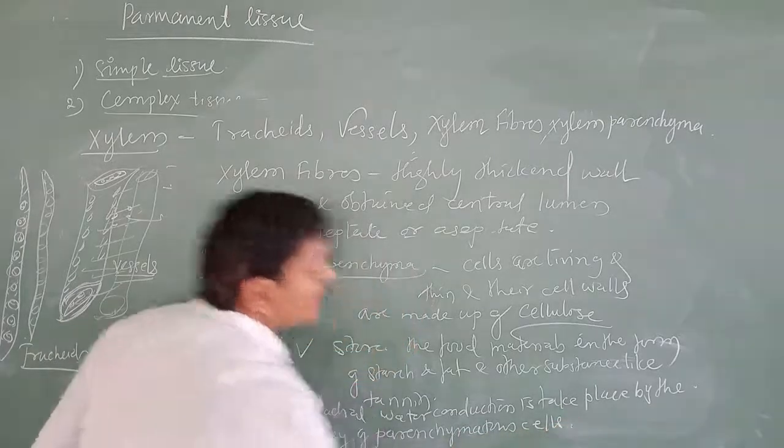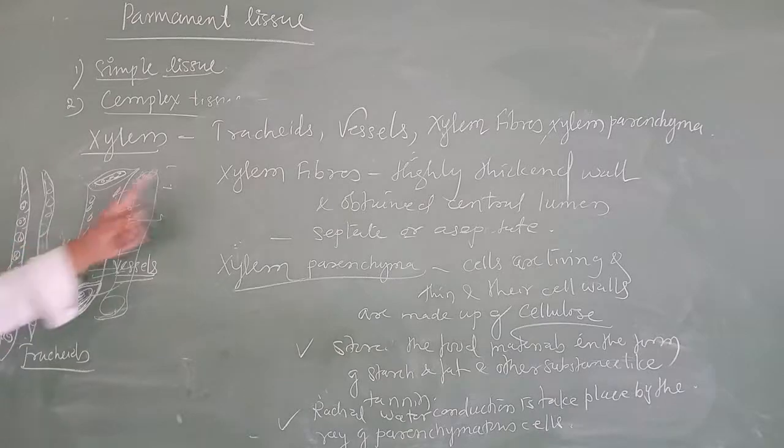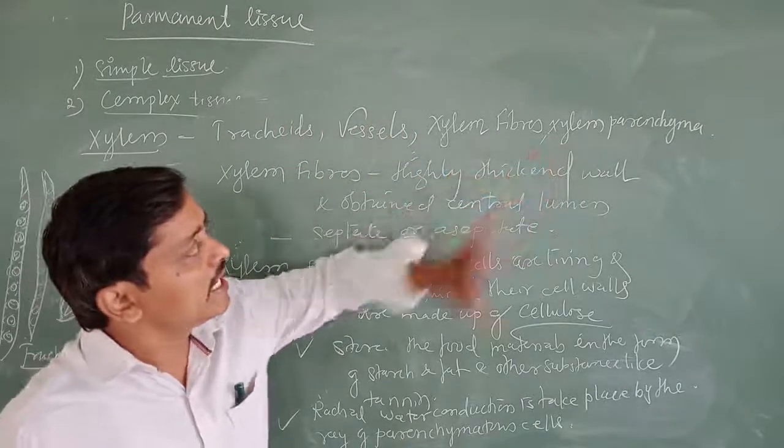Ray of parenchymatous cells. Okay, this is about the elements of the xylem: one is tracheids, vessels, xylem fibers and xylem parenchyma.